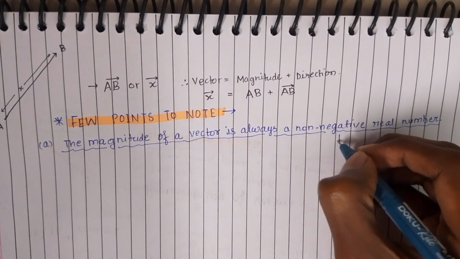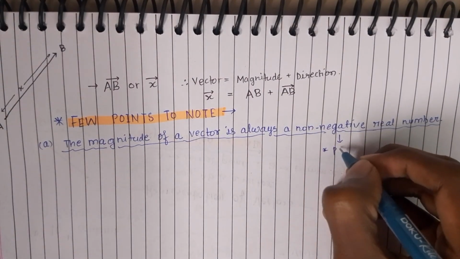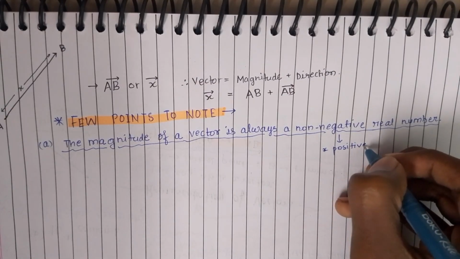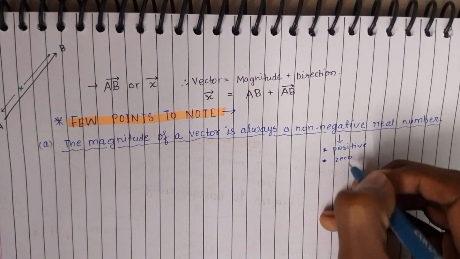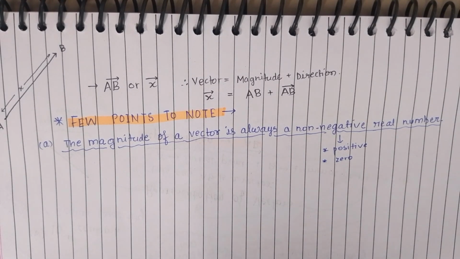What do we mean by non-negative? Either it can be positive, or it can be zero. Magnitude can never be negative. Always remember, a scalar can never be negative, and magnitude is part of scalar. So nothing in scalar can be in negative terms. Only vector quantities like force and displacement can be expressed in negative, but things like distance and speed can never be expressed in negative. They are always non-negative, either zero or positive.